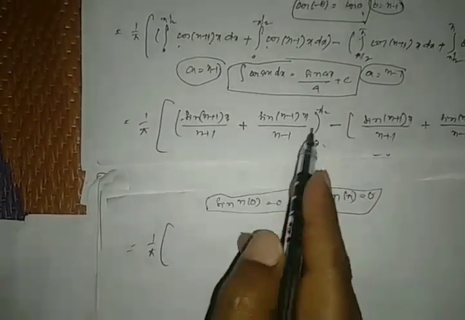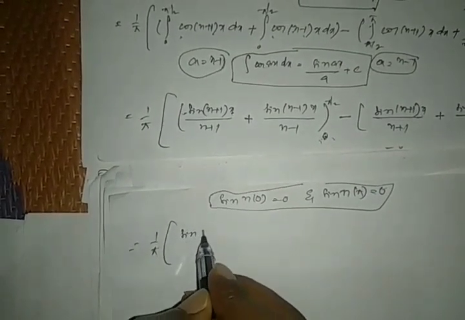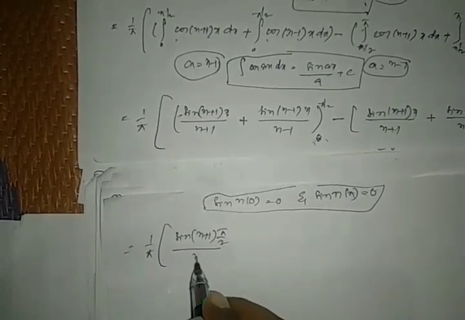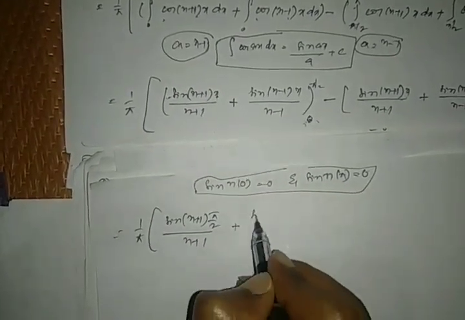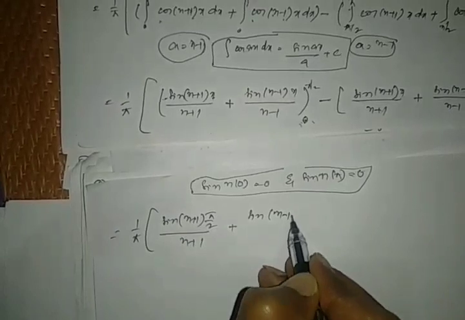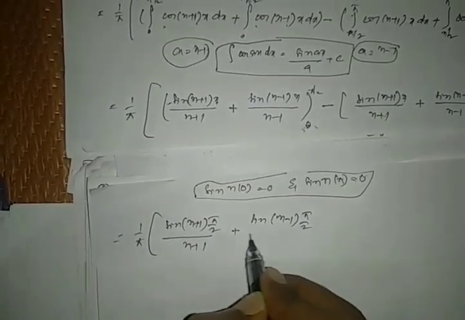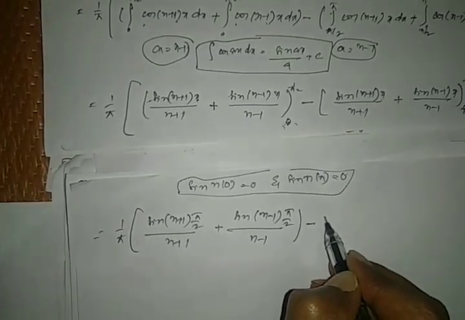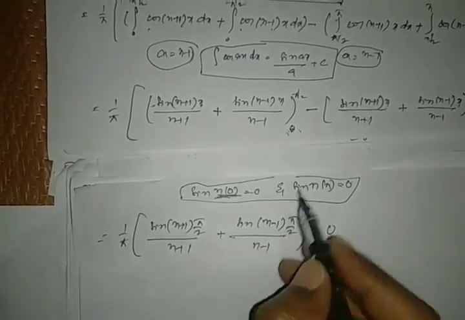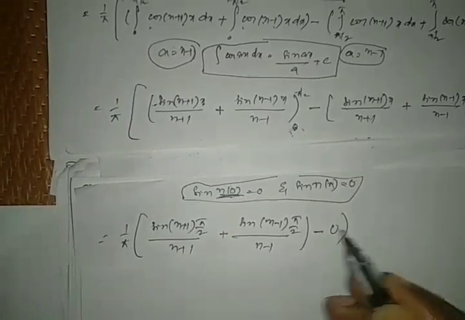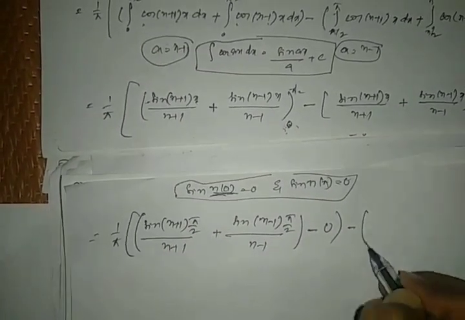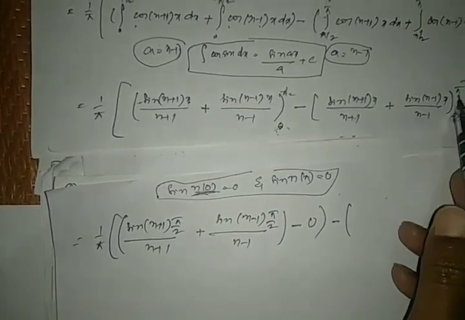1 by pi. The upper value is sine of n plus 1 into pi by 2 by n plus 1 plus sine of n minus 1 into pi by 2 by n minus 1, minus the lower limit, which is 0. Minus, here also the upper limit is pi.